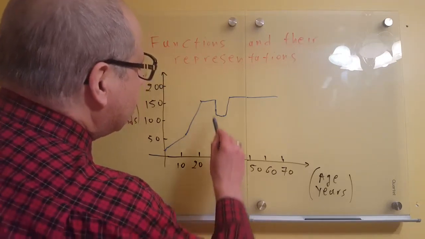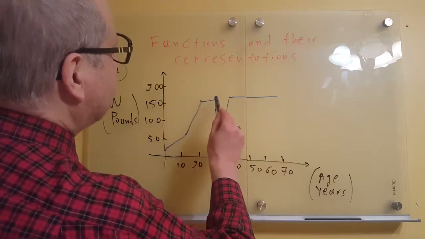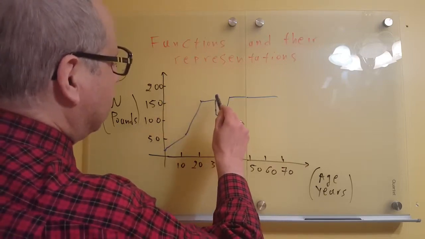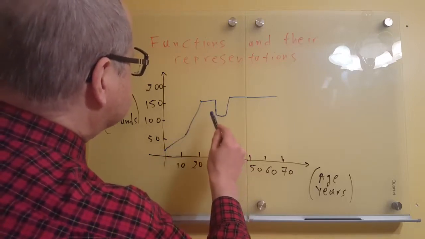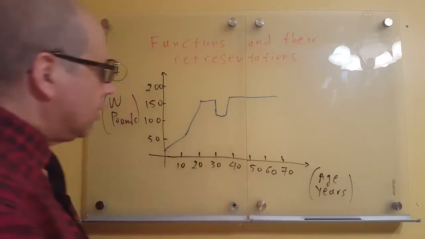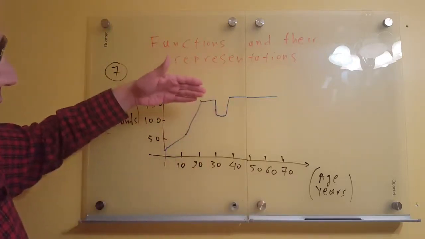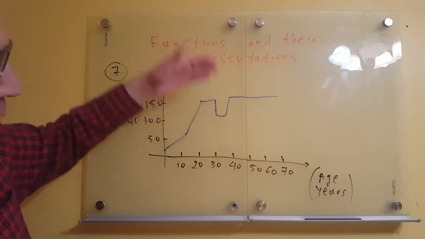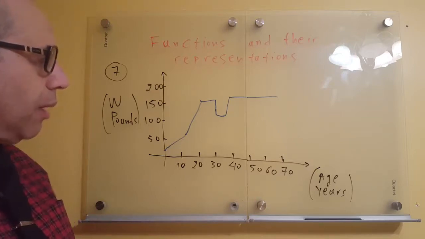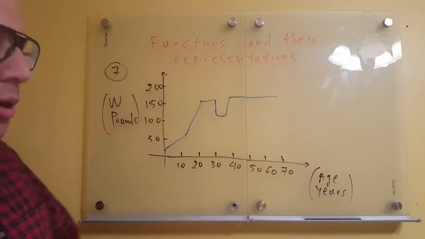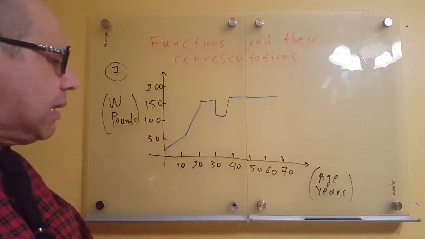So you see, at 30 years old, the person suddenly, let's say, from 170, approximately 175 pounds, went to 125 approximately. So the weight experienced some rapid drop. Some rapid decrease.